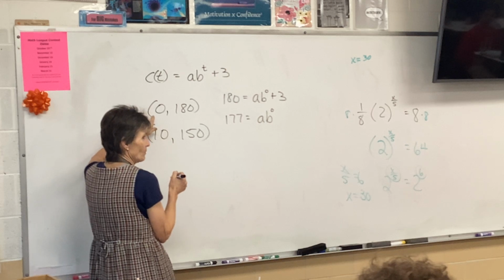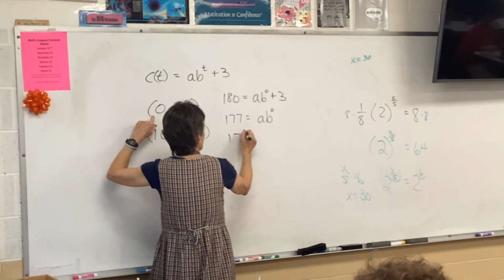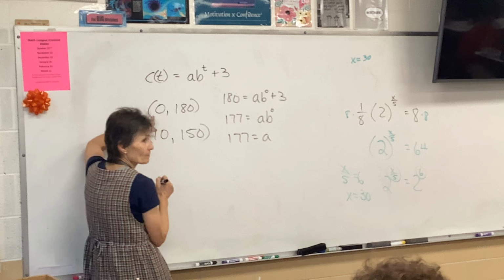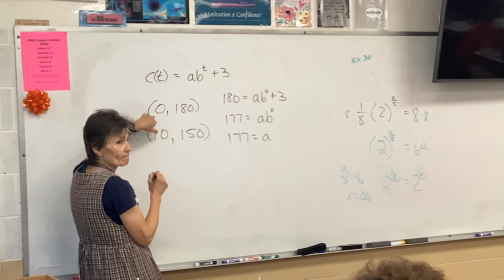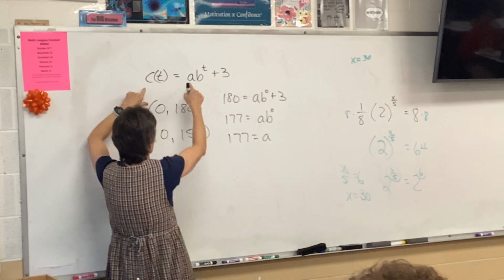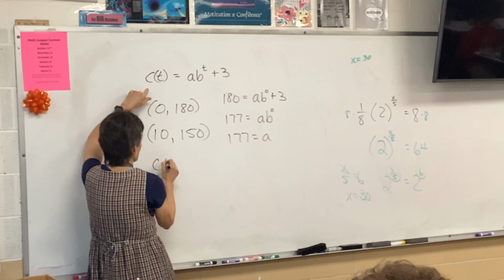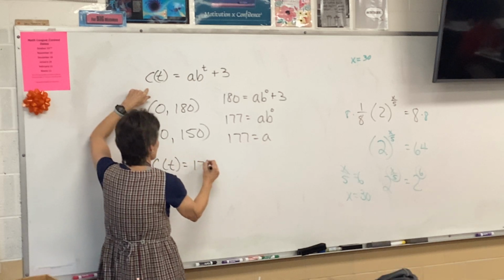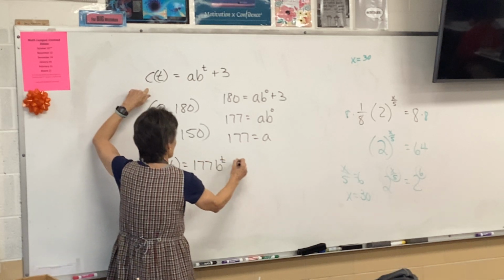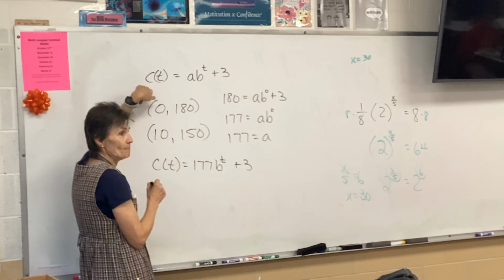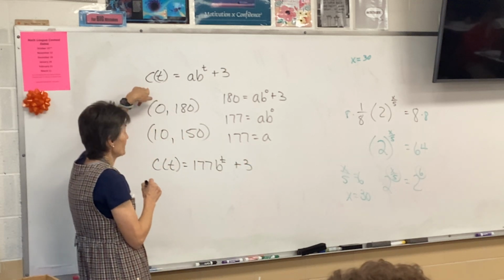What's b to the 0? 1. So 177 equals a. So now my equation is c of t equals 177 b to the t plus 3. You okay with that? So what am I going to do now?